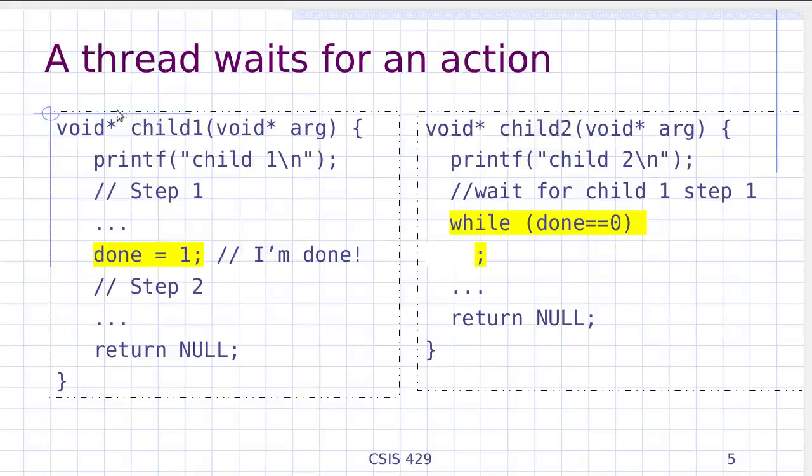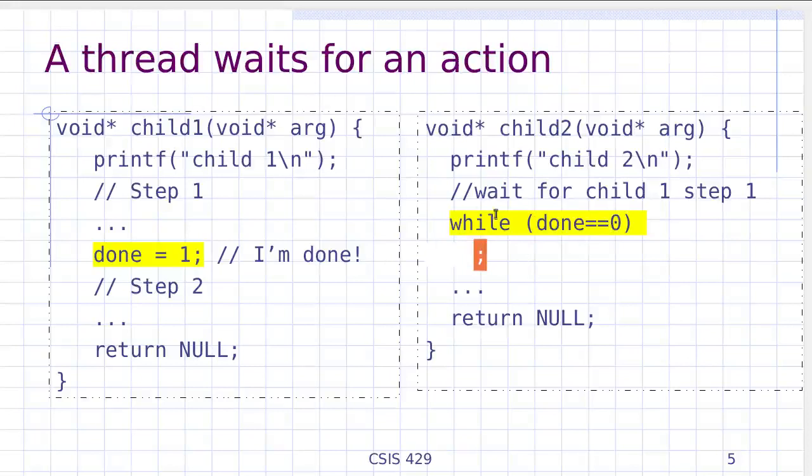The idea here is done is initially set to 0, and so if child 2 ends up executing first, it checks the value of done. If it's equal to 0, remember this is doing nothing, staying in the loop, spinning. This is not a spin lock, but it's spinning, waiting for child 1 to be done with its first step.